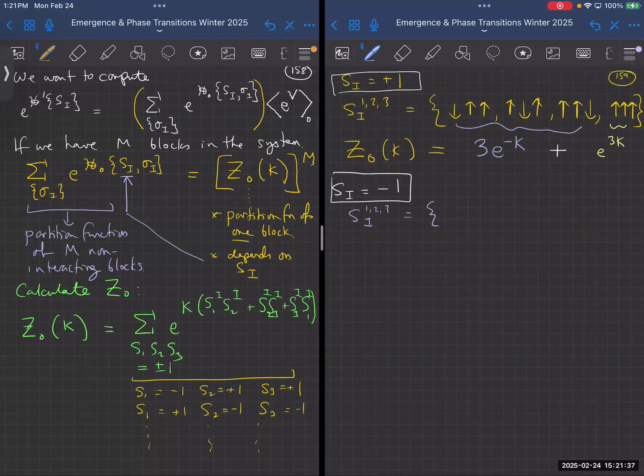So now they're minus 1, so it's now 1 up and 2 down, those are the four states of the system. And if I do that, then what I'm going to get is Z naught of K is equal to 3 e to the minus K plus e to the 3K. So the same thing as I had before. Actually, let me just check that that's correct.